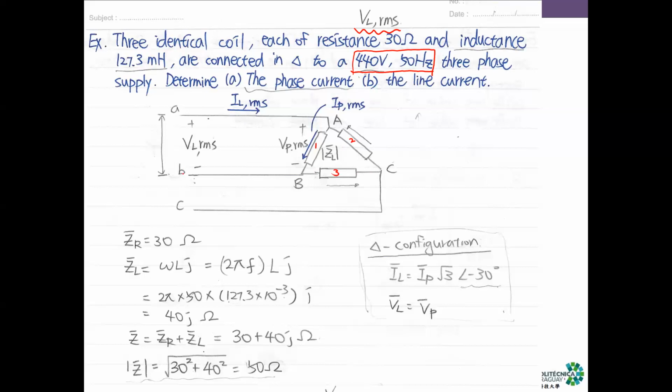So it's A, B, and C. We can just look at one pair, for example A and B. The voltage between A and B, because this is line to line, is called the line voltage, or line-to-line voltage. We know this line voltage between A and B has an RMS value of 440 volt.